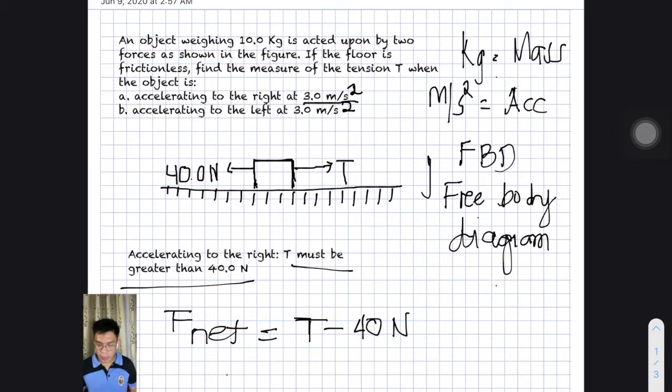That is our F net. We will think of a formula, and that formula must satisfy our equation: kilogram as mass, meter per second squared as acceleration.